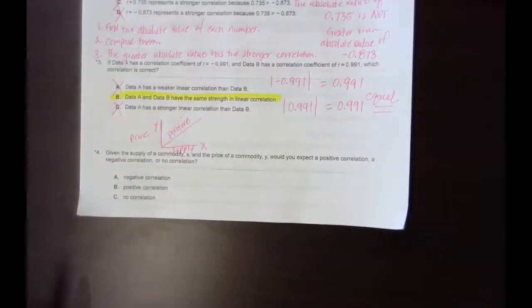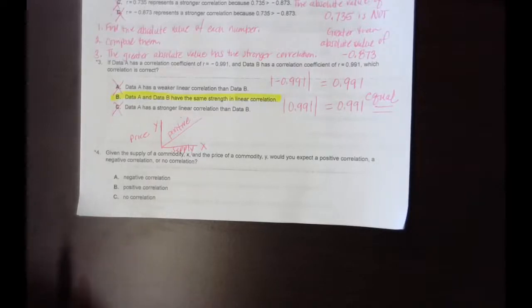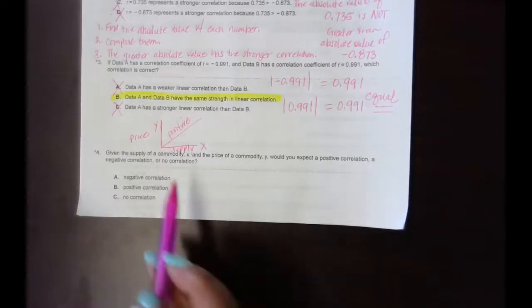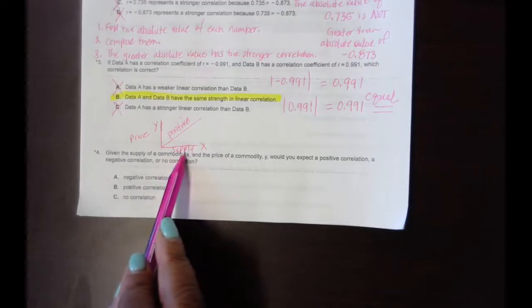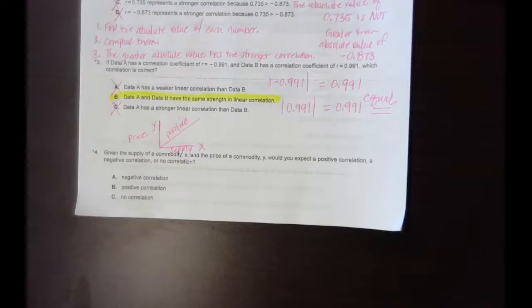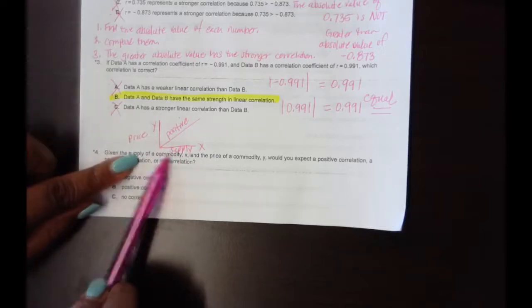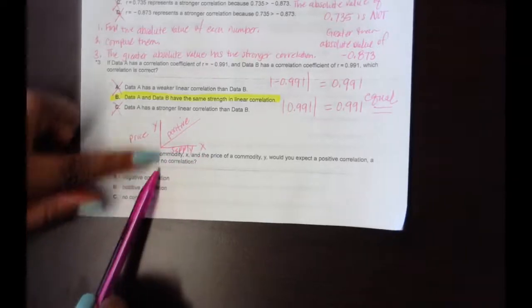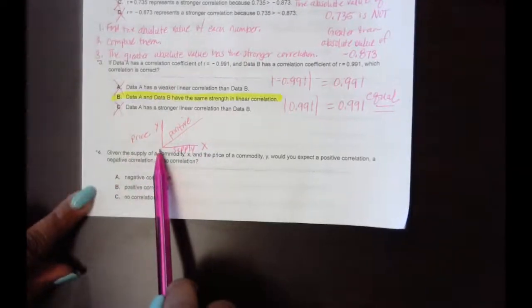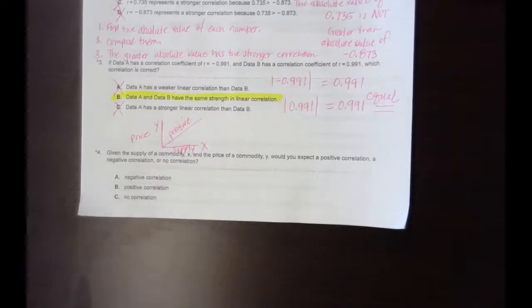Well, in general, in business, when I have a lot of supply, then my price doesn't usually go up because I'm trying to move the product. So positive correlation is this: the supply goes up, the price goes up. Then that means visually the line increases and I get a positive correlation.